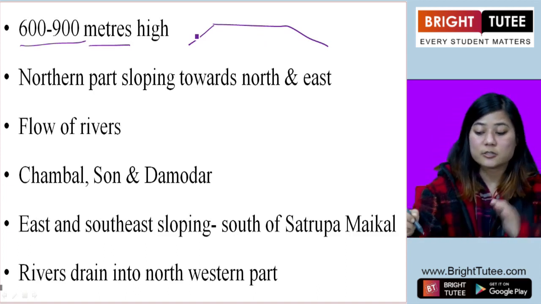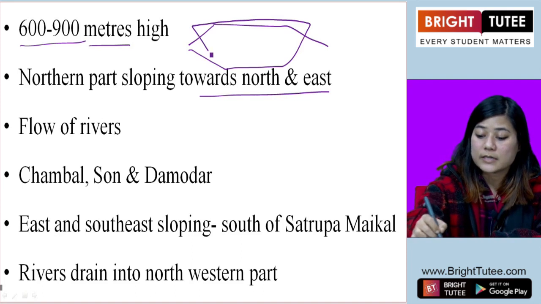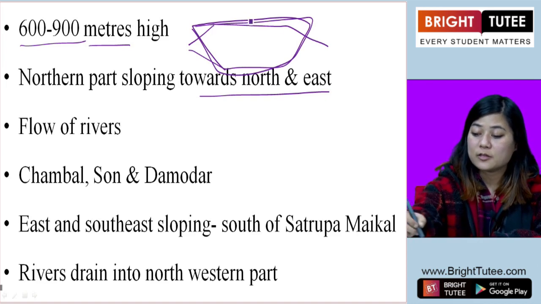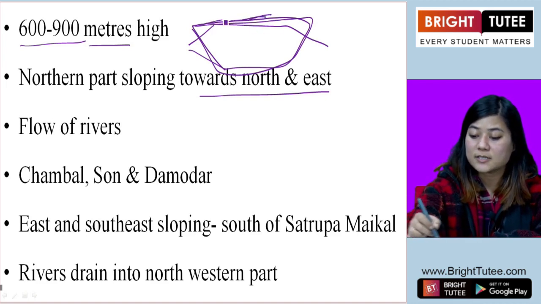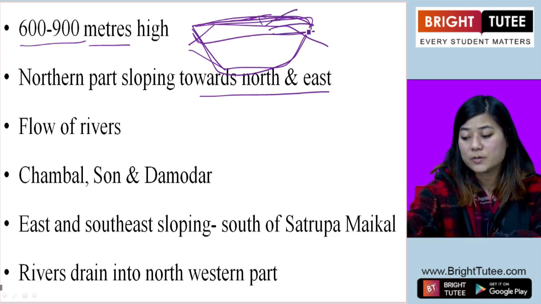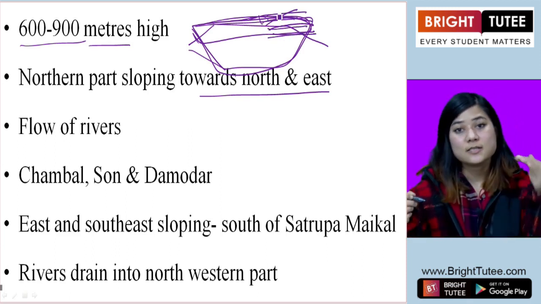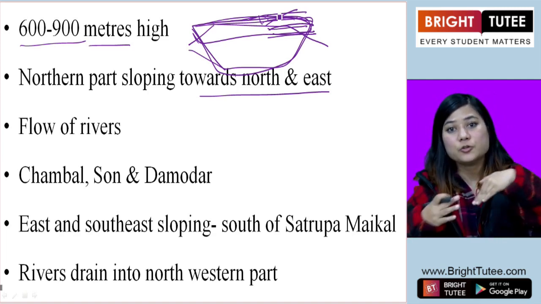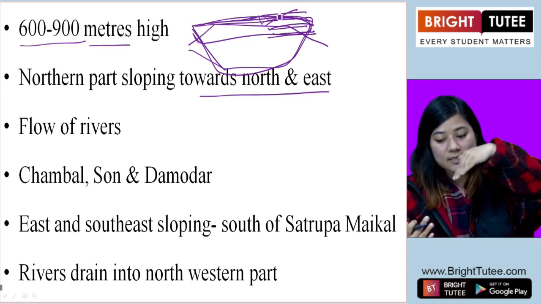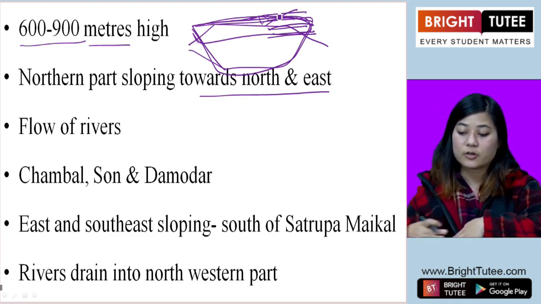The northern part slopes towards the north and east. So if this is the region of the Peninsula Plateau, then this whole northern part slopes towards the north and then towards the east. That means the land which was running flat starts to gradually, slowly slope or tilt towards the north and the east.